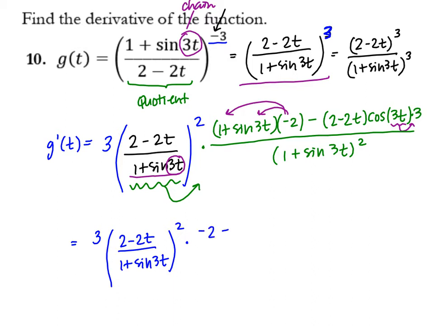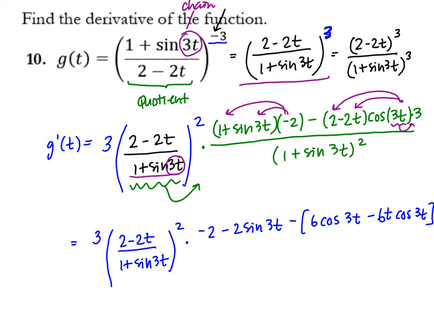So -2 minus 2 sine 3t. And to the right, we'll have to distribute the cosine and the 3. So this is 3 cosine times that, and 3 cosine times that. And we'll put it in a big negative. So 3 times 2 made 6 cosine of 3t minus 6t cosine of 3t, all divided by 1 plus the sine of 3t squared.